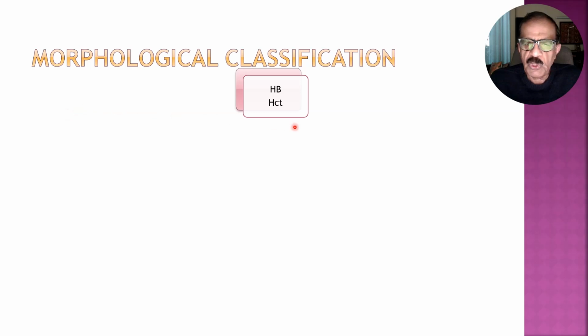So, the approach to the diagnosis of anemia is, first of all, we examine the HB and hematocrit. Of course, in anemia, you expect both to be low. If there is normal HB or normal hematocrit, that means there is no anemia. One exception would be acute blood loss. The patient may have lost a severe amount of blood and his HB or hematocrit may still be normal for some time, because it is only after hemodilution that HB will drop.